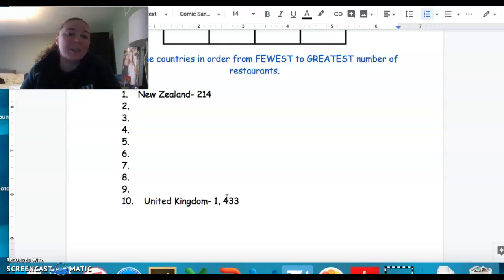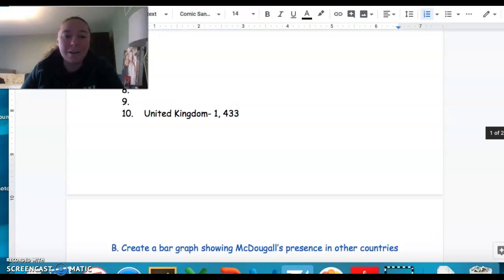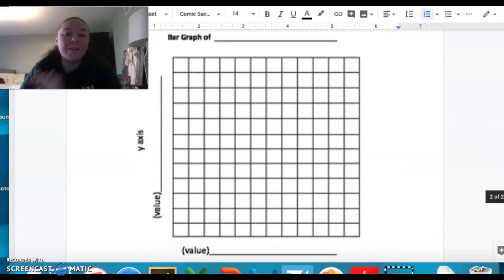So I'm going to have to scale my bar graph somehow. Am I going to count by 50s, 100, 200, 500? I'm not really sure, and that's something that you guys get to figure out, and all of your bar graphs are going to look a little bit different. Take a minute, figure out what your scale is going to be, and then you should be able to fill in the rest of your bar graph from here.